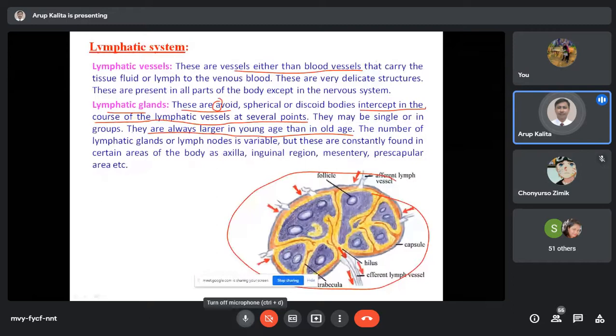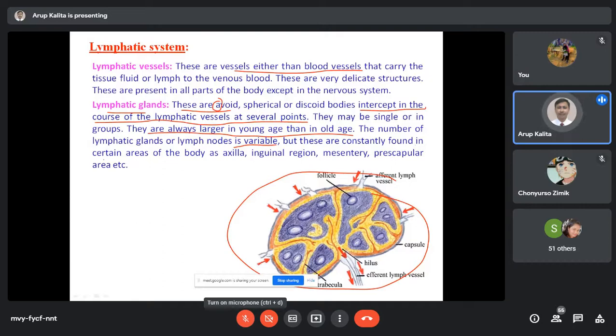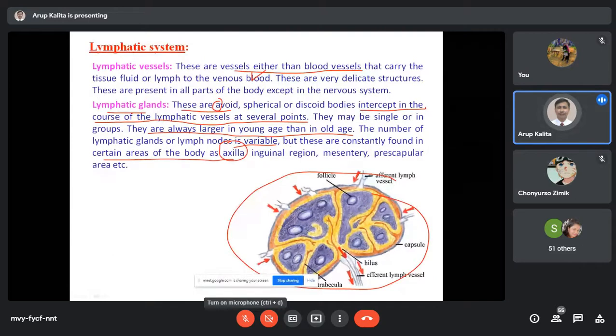The number of lymphatic glands and lymph nodes is variable, but they are constantly found in certain areas of the body. So the number may vary, but they are definitely present in some areas of the body. For example, the axilla, the axillary region, you will definitely get lymph nodes.